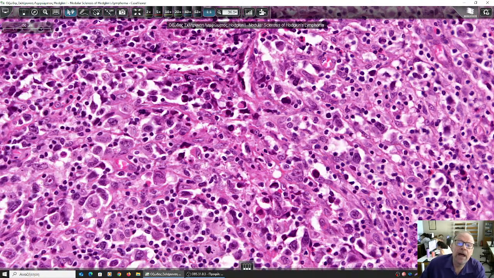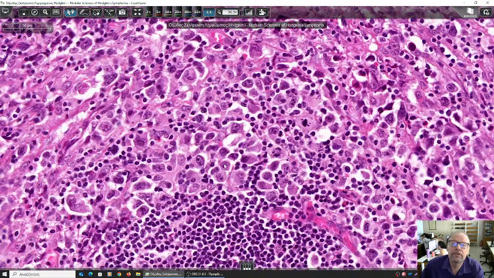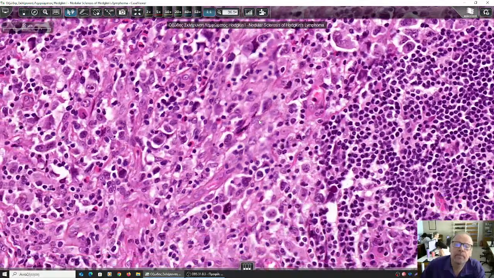Some of them have one nucleus with highly prominent nucleoli. Some others have two nuclei. This is a giant cell with one nucleus. Have a look at how prominent and eosinophilic the nucleoli appear. And there are others that appear to have two nuclei.